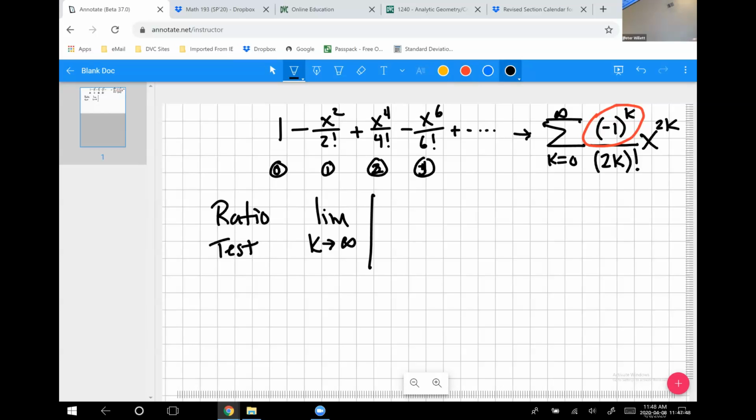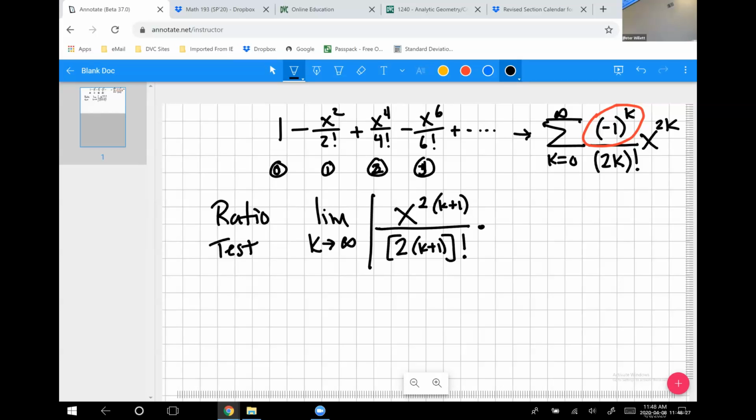I get the k plus 1th term, so that's x raised to the power of 2 times k plus 1, because I'm replacing k with k plus 1, divided by 2 times k plus 1 factorial. This is the k plus 1th term, where I took out the -1 because I'm taking the absolute value.